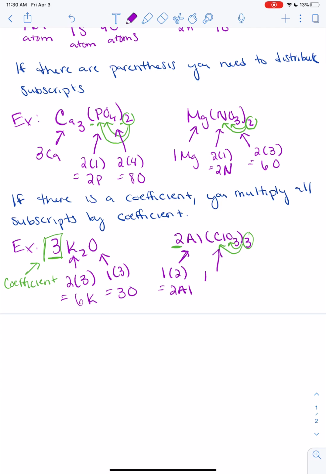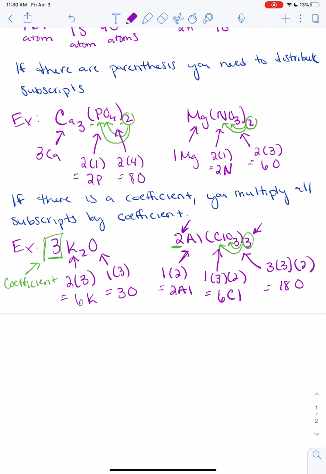It would have been 1, but we have to multiply by the 3 outside the parentheses, and by that 2 in front. So we have 1 times 3 times 2, which gives us 6 chlorines. Last one is oxygen. It would have been 3, but again, we have to multiply by the 3 outside the parentheses and by the coefficient of 2. So we have 3 times 3, which is 9, times 2 equals 18 oxygens, okay?